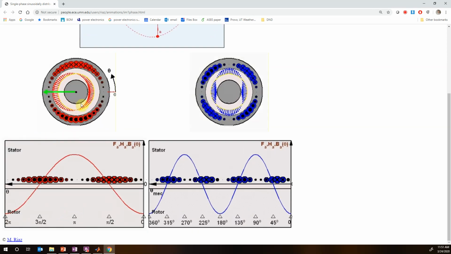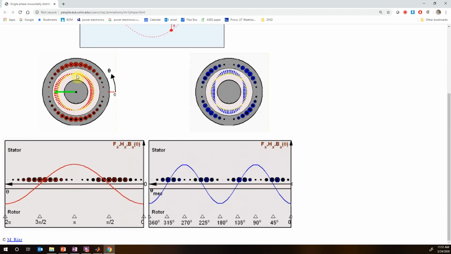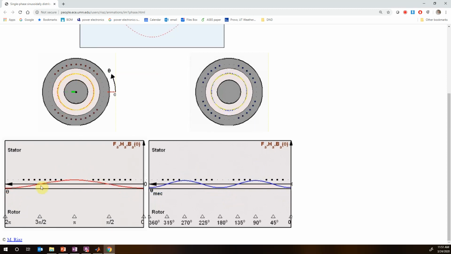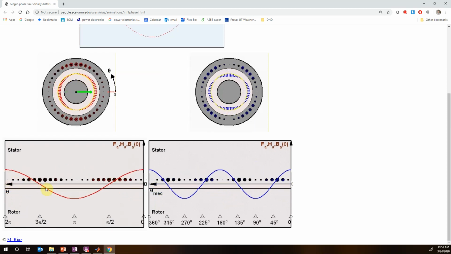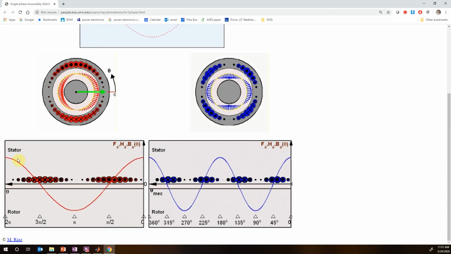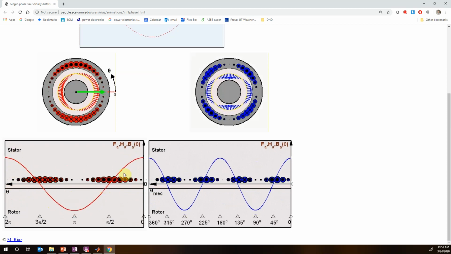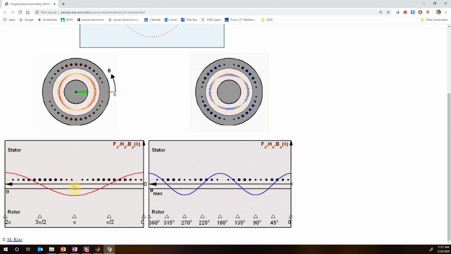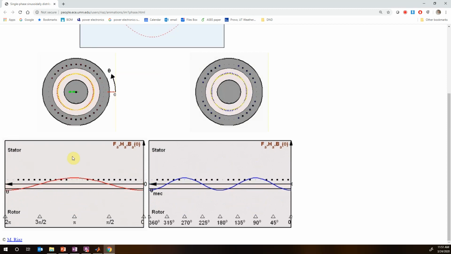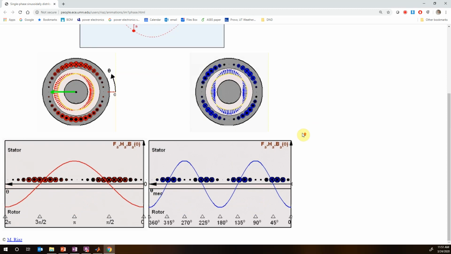If I look at the amplitude of each of these lines as we distribute around, you can kind of see it creates this sinusoidal pattern because of my sinusoidal windings. And its shape stays the same. Its amplitude is going up and down.